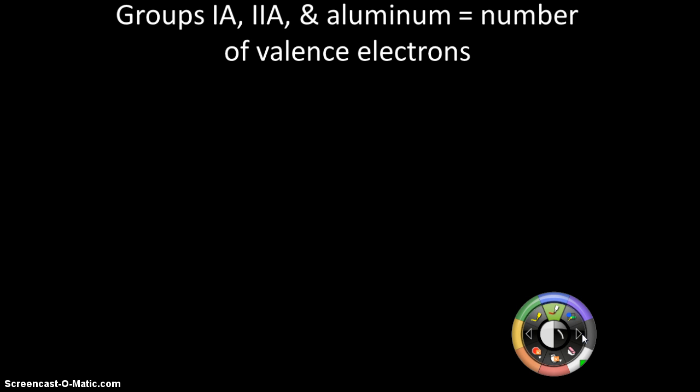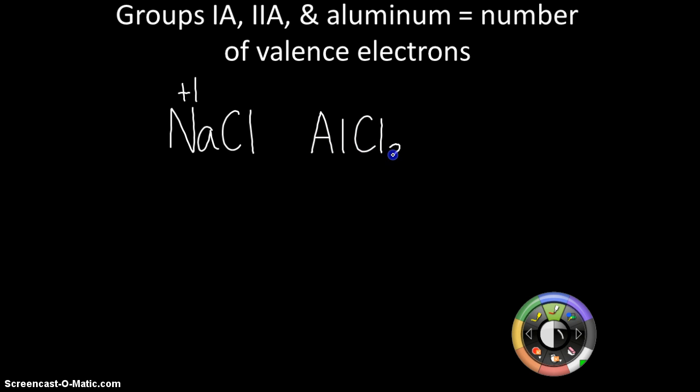So you have NaCl, sodium is in group 1A, you're going to give it a +1 oxidation number. If you have aluminum chloride, aluminum has 3 valence electrons, therefore it's going to be a +3 oxidation number.